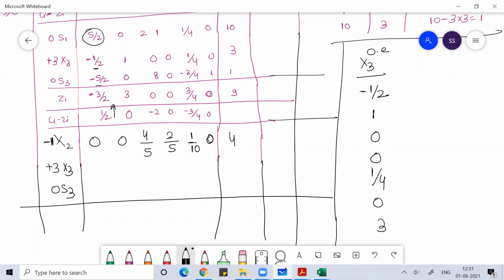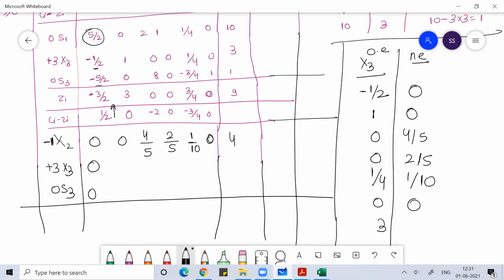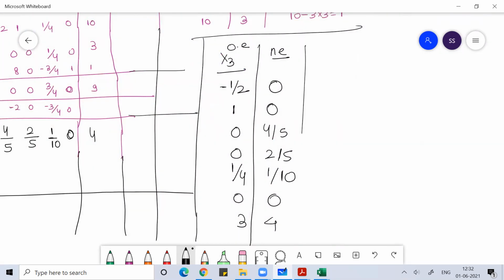Then you can see the new element of x2, what you get: 0, 0, 0, 0, 4 by 5, then 2 by 5, then 1 by 10, then 0, then 4, and for this the constant will be minus 1 by 2.